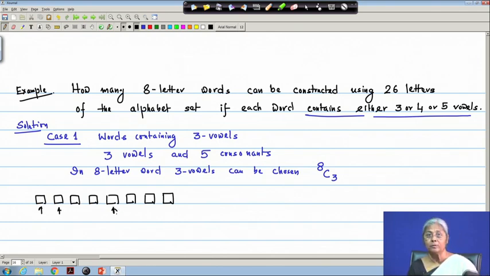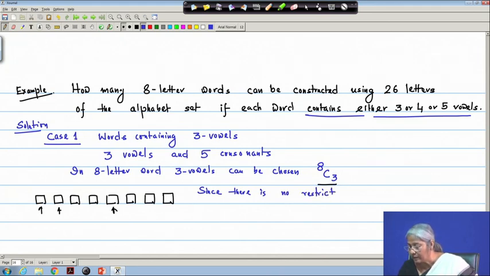Now, there is no restriction of repetition, no restriction about the occurrences of vowels.